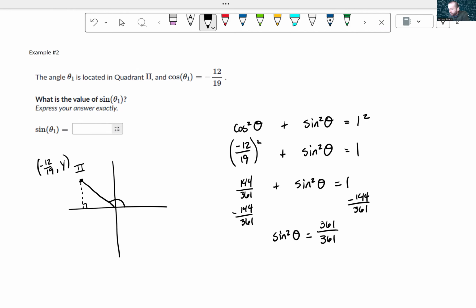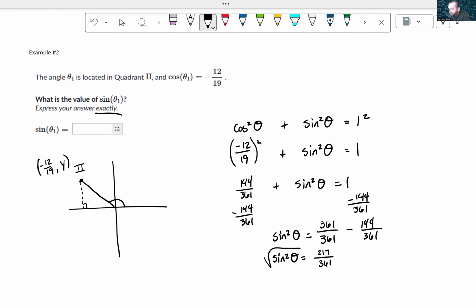If you try to do this as a decimal, it's not going to give you the exact answer, because these all want you to give the answer in exact form. So sine squared theta equals 361 minus 144, which is 217 over 361.